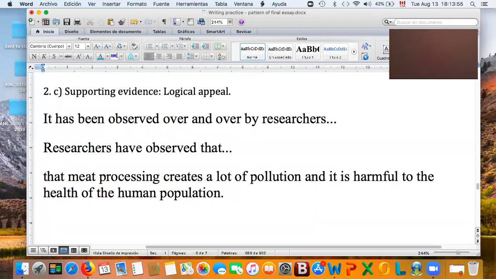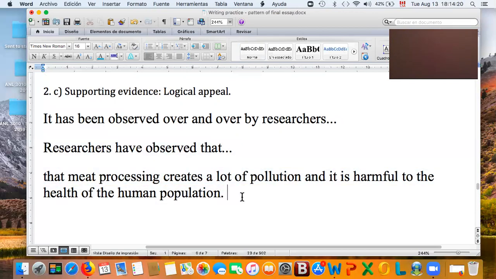Therefore, here's the conclusion. I don't see that. I would expect something like, okay, we have observed that meat processing creates a lot of pollution and is harmful to the health of the human population. Let's say that this is the first step in the syllogism.